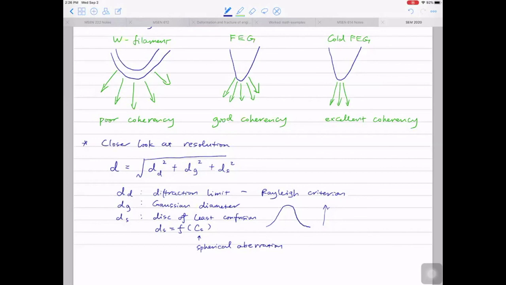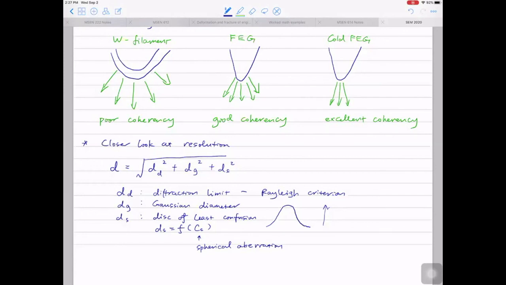There's another thing I've got to mention when we discussed the Gaussian diameter. The tungsten filament gives you the worst Gaussian diameter, because the beam is so spread out when the electrons are coming out from the filament.